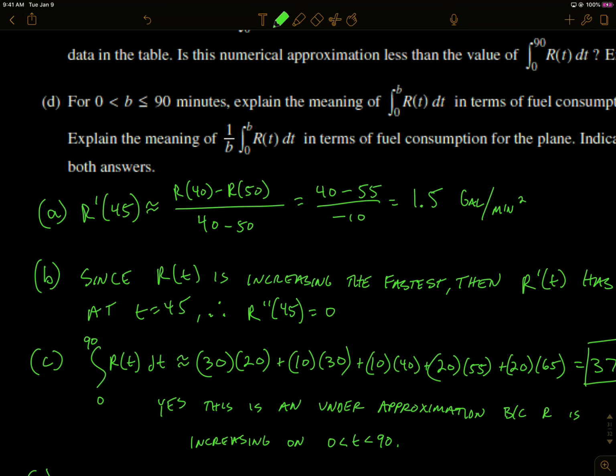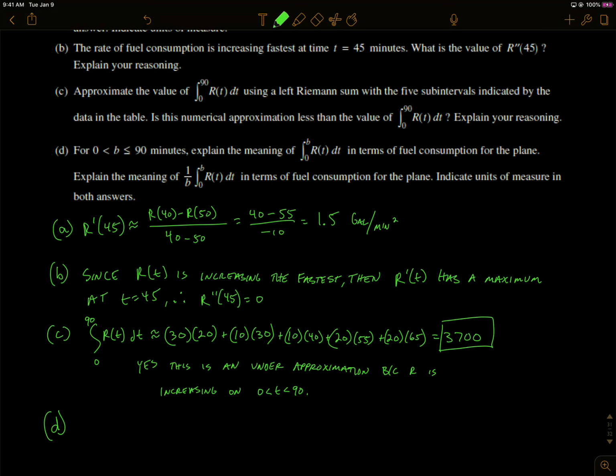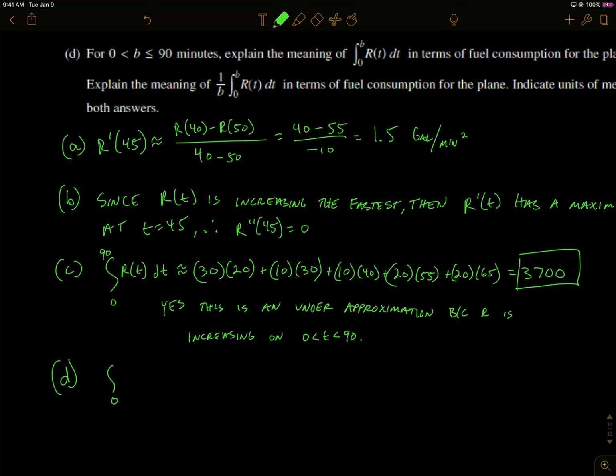Yeah. All right, so on the interval 0 to 90, explain the meaning of these two things in terms of fuel consumption. So let's start with the integral from 0 to b of R of t dt. So they want us to explain what that means.